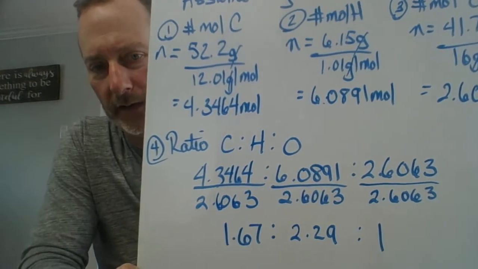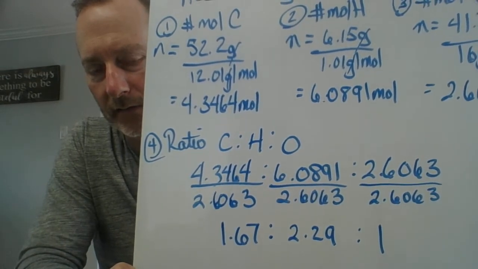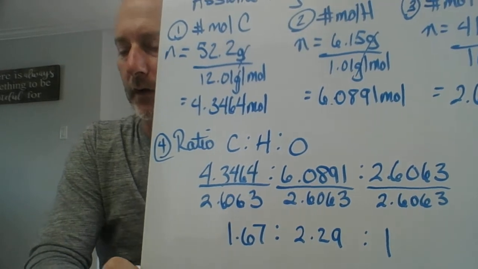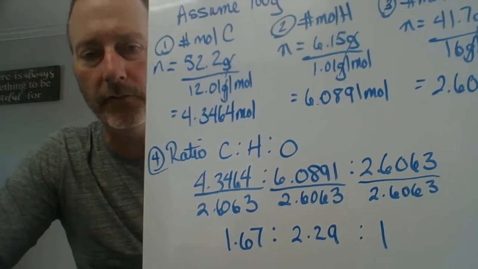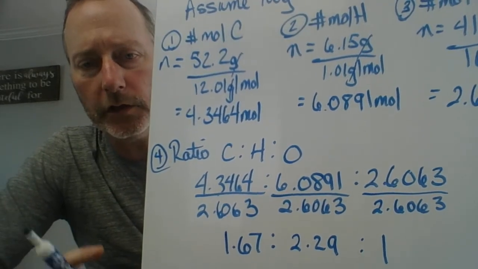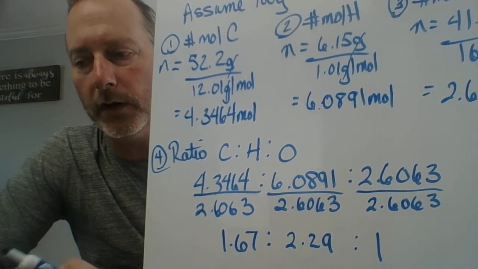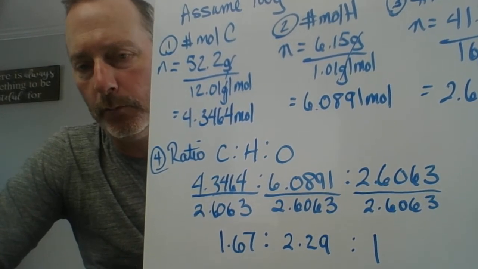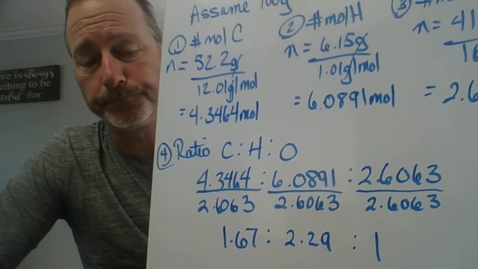Now, I can't leave those numbers like that. So what we want to realize here is that you look for things, and this is where, if you're a really strong math student, I think it's on page 291 of the book. Look at your decimals and try and realize what fraction that is. So 0.67 is 2/3, or it's a multiple of 3.